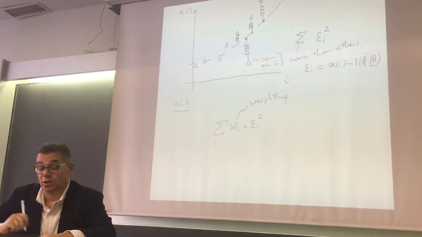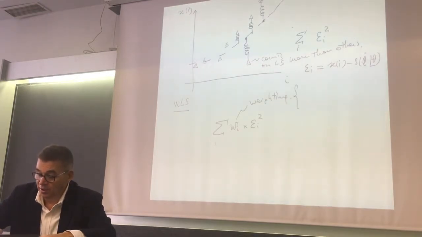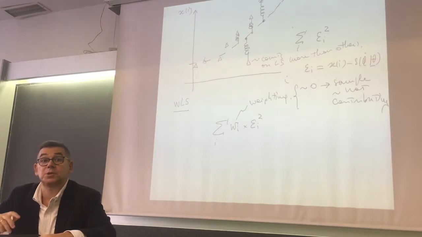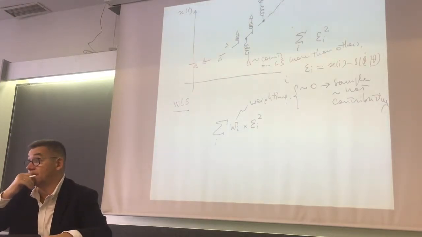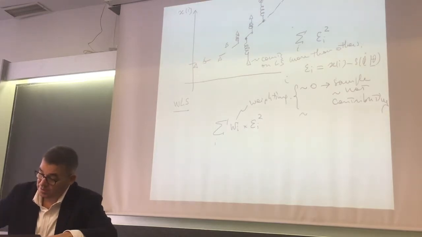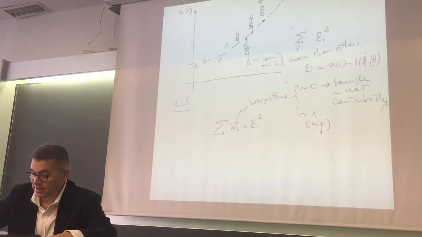If the weighting factor is close to 0, that means the sample practically is not contributing. And by the way, if you put it to 0, you can take it away. If the weight is 1 or big, that means that sample counts a lot.